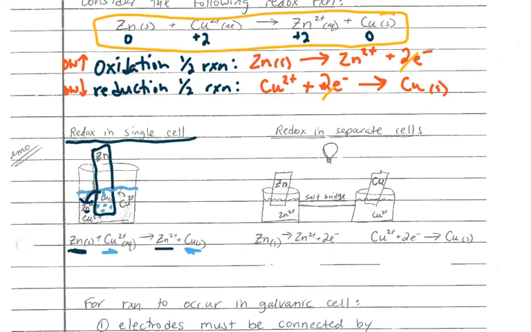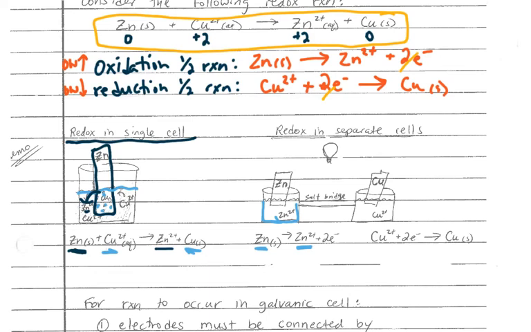All right. If we separate the cells, then we can do it this way. So we can actually generate energy if we take the solid zinc and the liquid zinc. So we put the solid zinc and some zinc salt here in this cell. And then in the other cell, we put the copper.